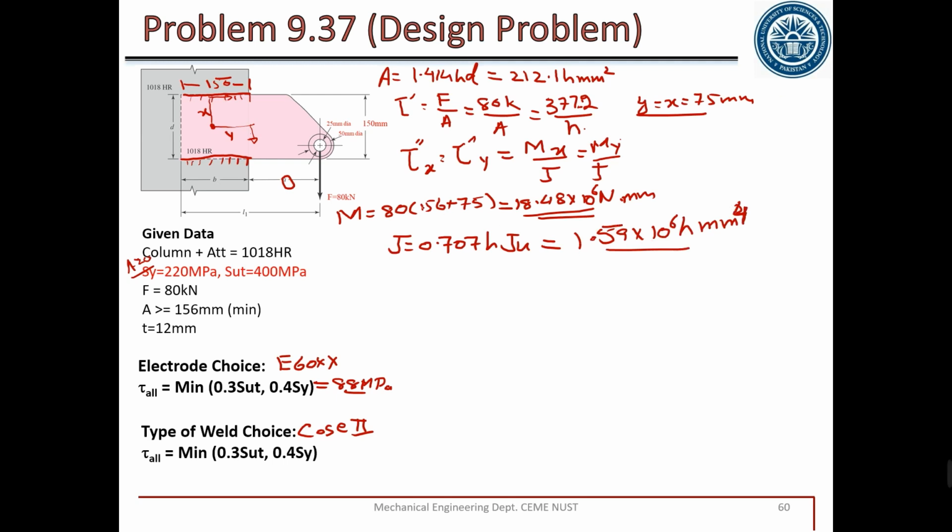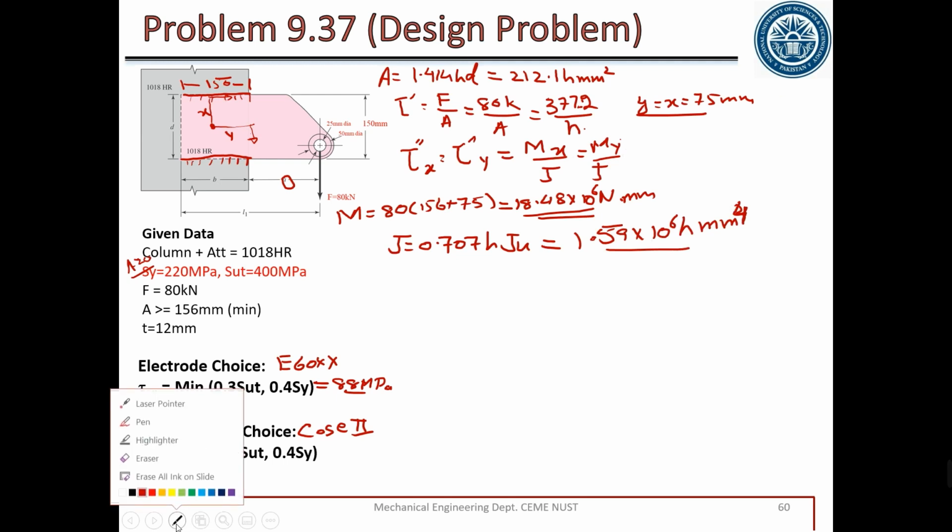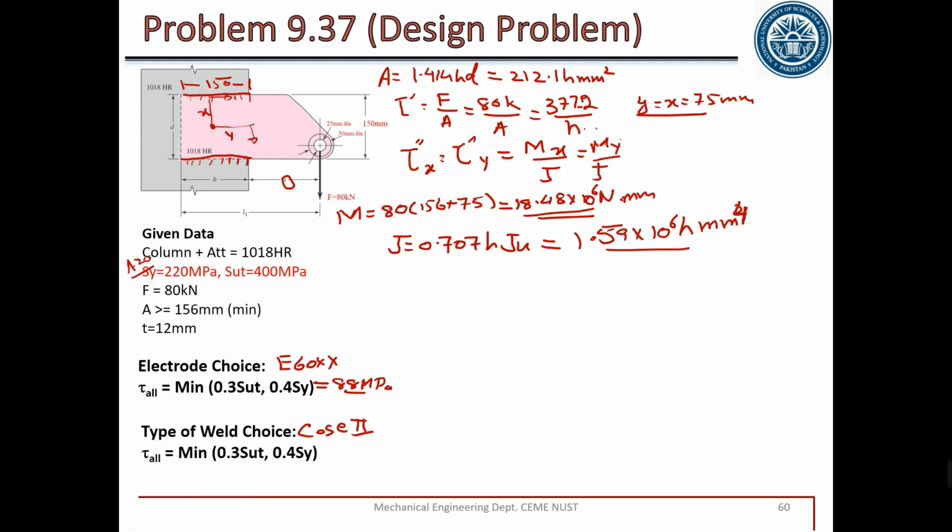1.59. We have J, we have M, we have x, y. Substituting all these values, the answer will be 871.7 by h. Calculate the resultant.